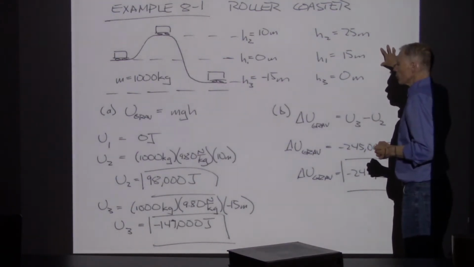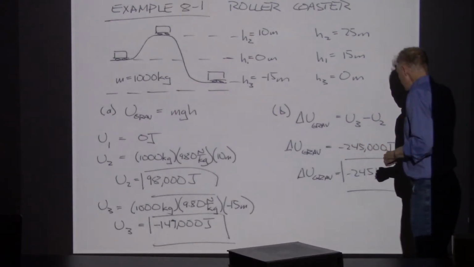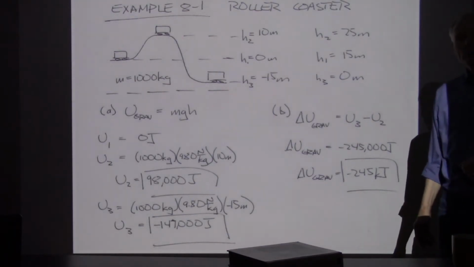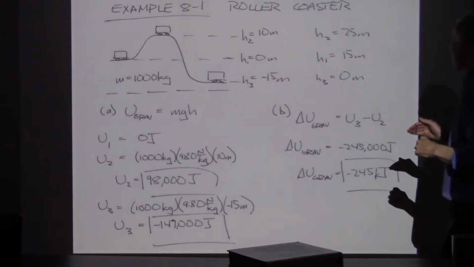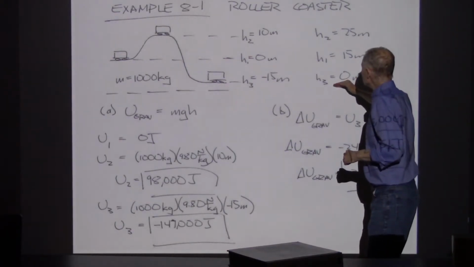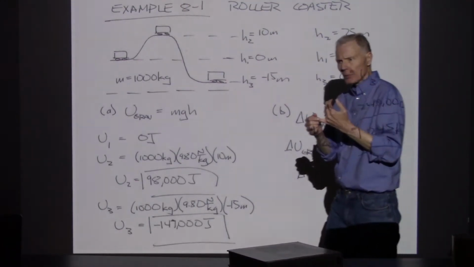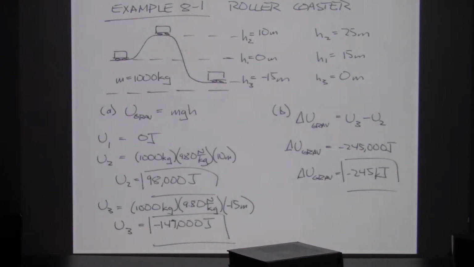This would be 147,000. And then what would this one be? That would be 245,000. Okay, so we can move these numbers around depending on where we've designated the 0 point for the height, and wherever we've done that is going to be the 0 point for the potential energy.